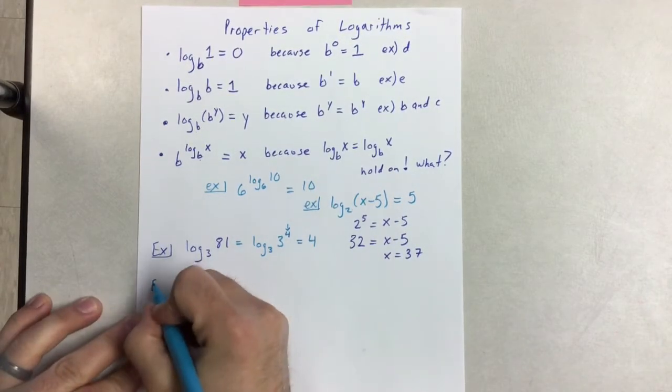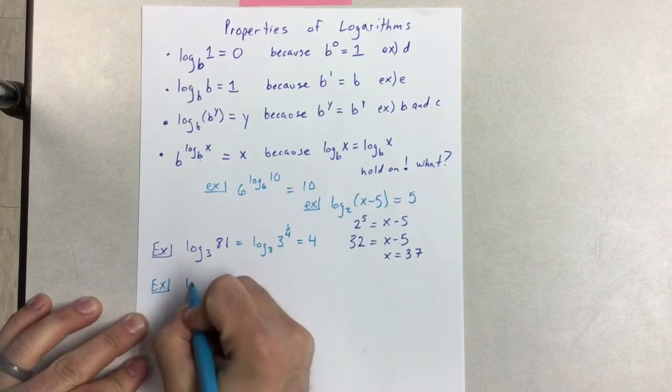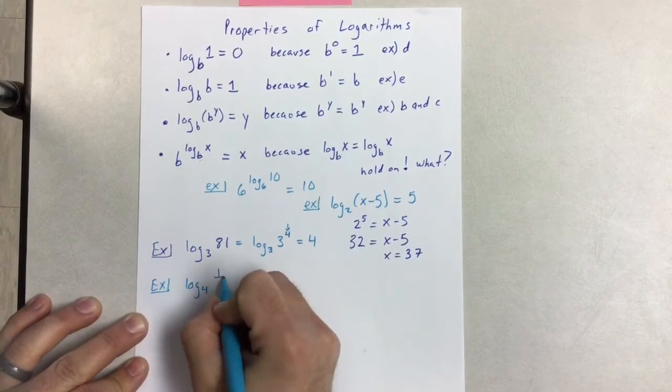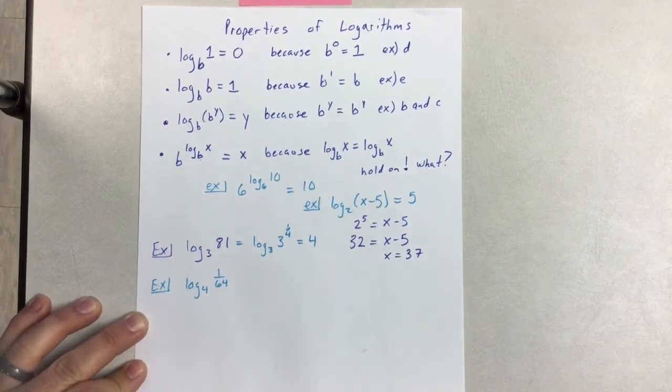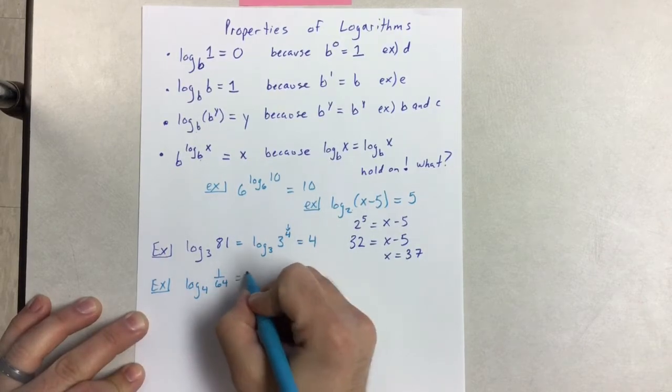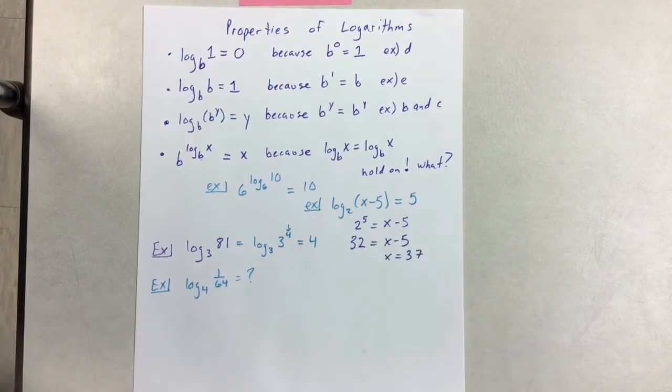Let's say we have log base 4 of 1 over 64. All right, so what does this equal? I don't know. I'm thinking already that it's going to equal a negative number because we have a fraction.